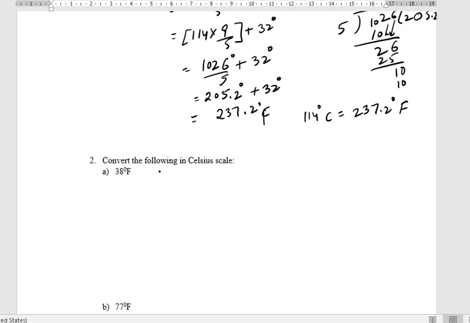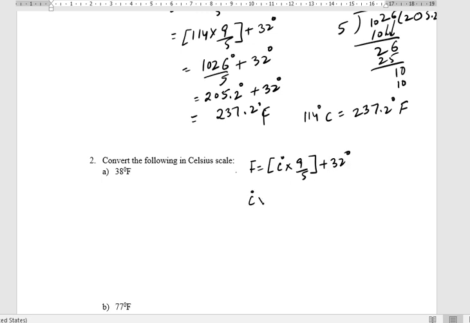Convert the following in Celsius scale. So we have to do the reverse. So formula we know, and the formula for this will become, as we know, I want to explain you once. So we have F equals to, this was the formula, into 9 upon 5 plus 32 degree. So if we convert the other way, 32 to be taken that side.